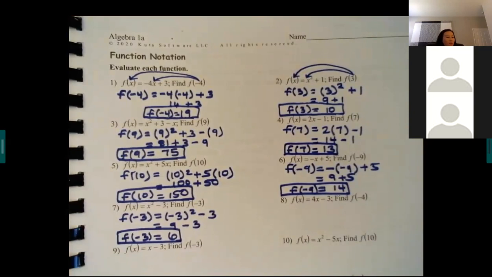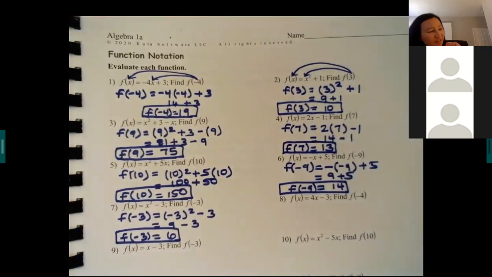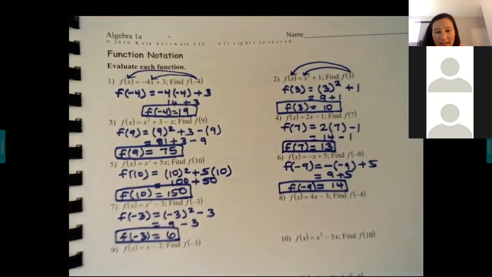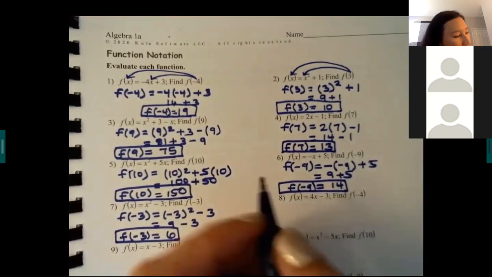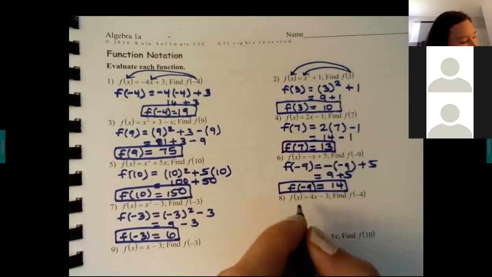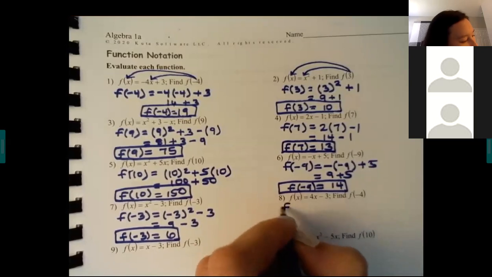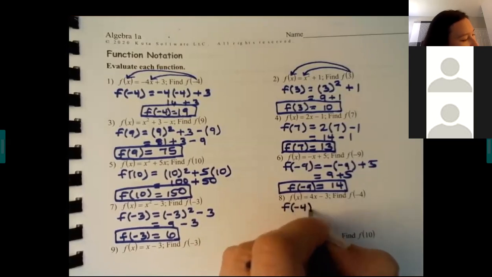Okay, Kaleni, can you help me with number 8? I can try. Yeah, perfect. Okay, so you plugged in the -4 for the x. Good. Right, I'm going to plug -4 for all the x's.